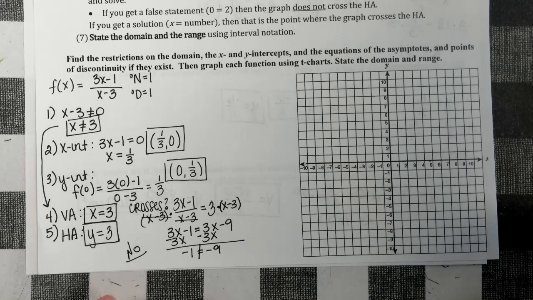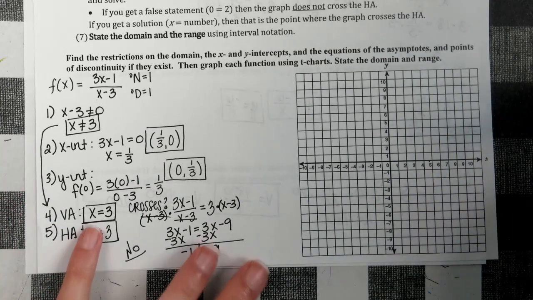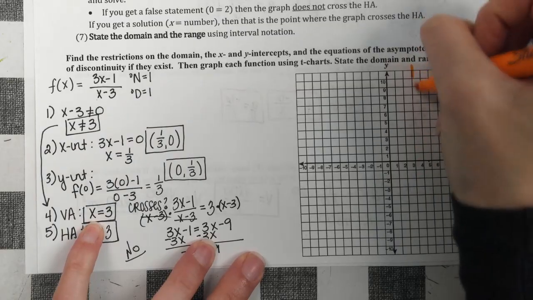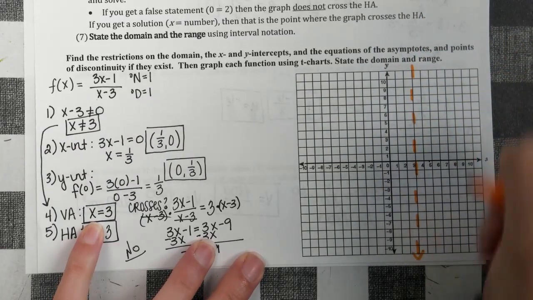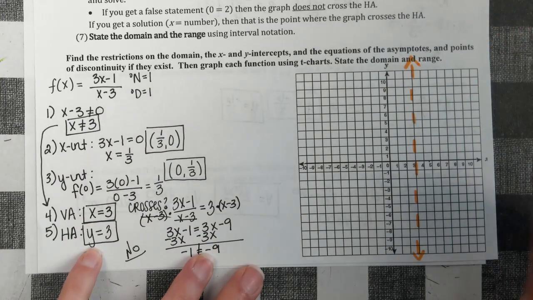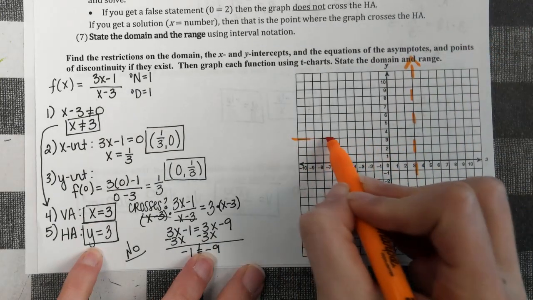Okay. So then, before I get my calculator, I go ahead and plot what I know. I know I've got two asymptotes, so I make those dashed lines at x equals 3 and y equals 3.